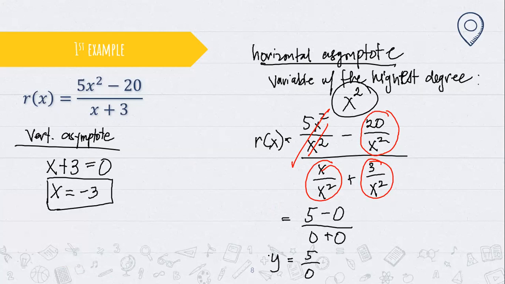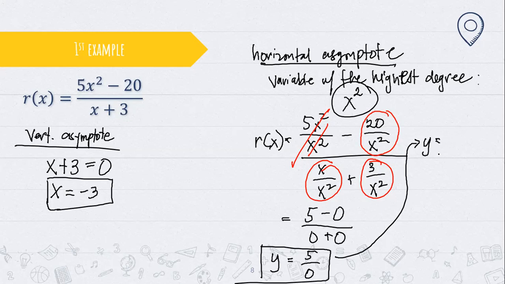Yan na yung value of y natin. 5 over 0. O 5 over 0, ano yung answer? Y is? Undefined. Undefined po. Okay. Y is undefined. Anong ibig sabihin pag ang horizontal asymptote natin ay undefined? Ganito yan.